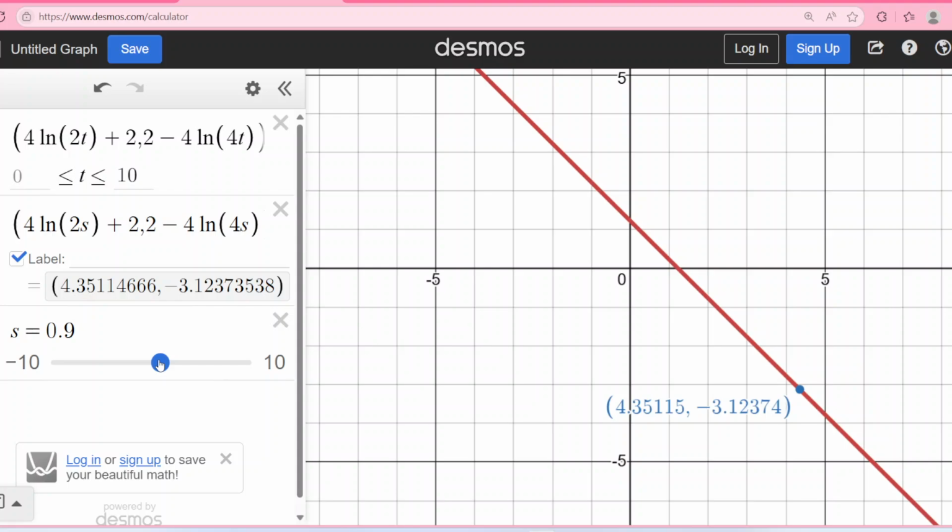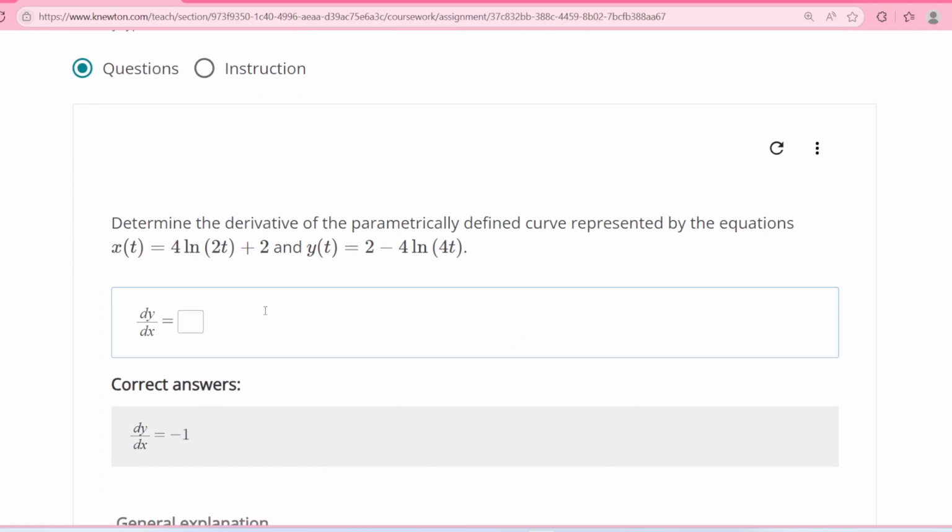Approximately, because these are rounded. But again, it looks to me like it is a line with a slope of -1 as we stated. And of course, here in my instructor mode, you can see that the answer was indeed -1.